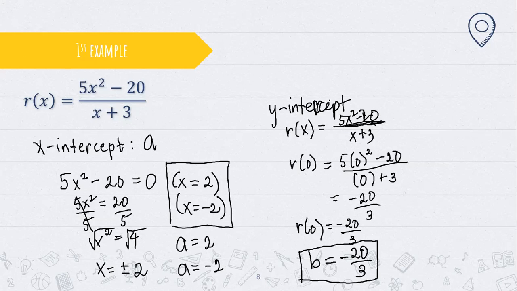Tapos, yung resulting value, kunin yon equal sa A. So, A equals the x-intercept. Pag y-intercept naman po, all we have to do is to substitute all the variable x with 0. And then the resulting answer would be our y-intercept, which is letter B naman. Okay. So let's proceed.